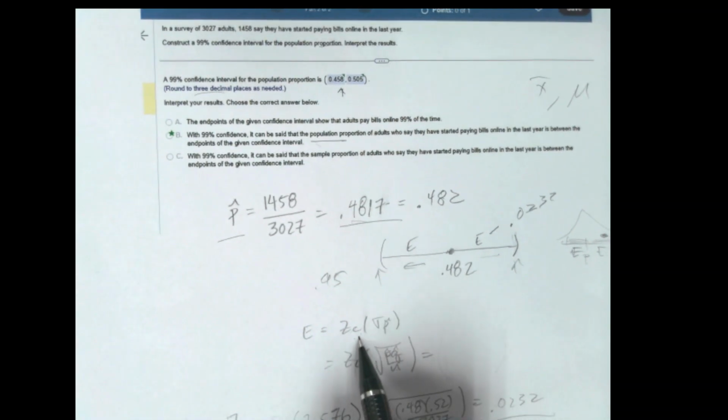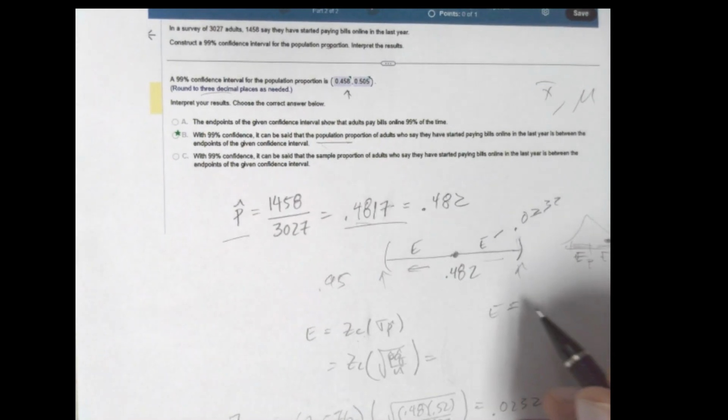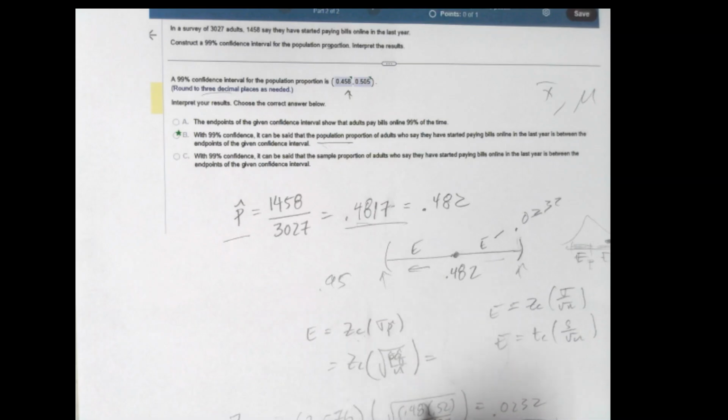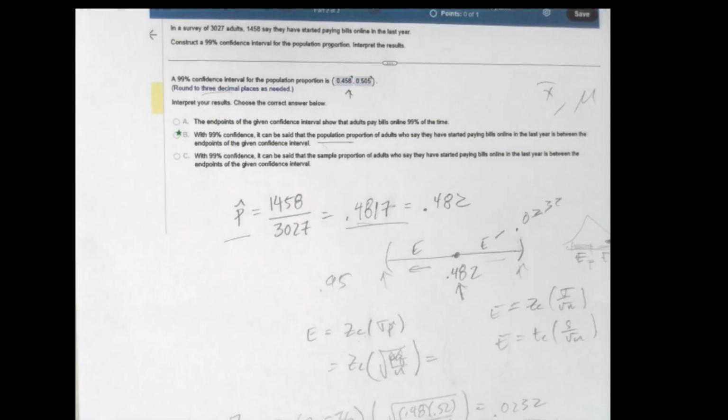You have to find your ZC. This E, remember, for means with sigma known, was ZC times sigma over square root of N. The second one was TC times S over square root of N. So that's what you're going to add to your statistic from the sample.